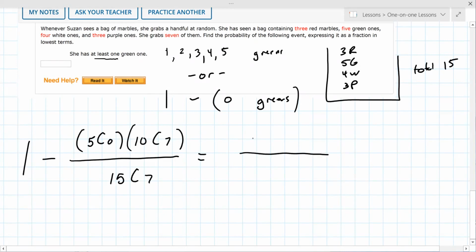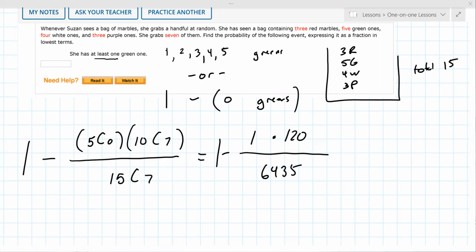Okay, so 5 choose 0 is 1. 10 choose 7. Wish I had a faster calculator. That is 120. And we got a 1 minus here. 15 choose 7 is 6435. So we're going to do 1 minus 120 over 6435.